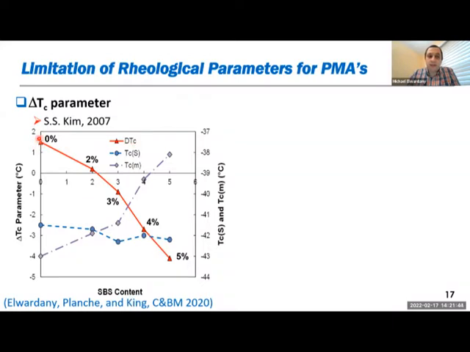It started with a good delta TC from the base binder. Then as we added polymer, delta TC started to drop, and that is a significant drop. It goes to -4 while it started from 1.5. So that's a 5.5 degree drop in delta TC by adding 5%.